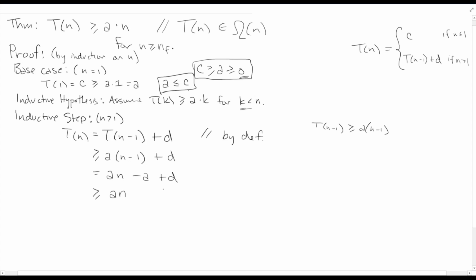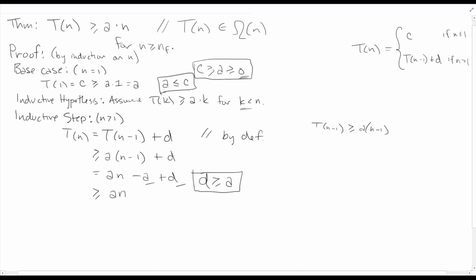And we see the exact same pattern that we saw before. We have a negative component and a positive component. We want them to cancel out. It would be nice if they're exactly equal, but we have more wiggle room than that. We want this whole term to be greater than or equal to this one, meaning we want the positive component, the D, to be greater than or equal to the A component, the negative component. So again, we've got ourselves a condition here.